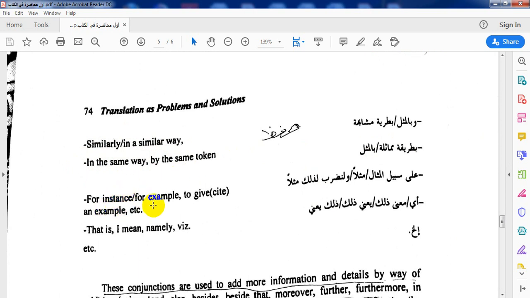For instance, for example, that is, I mean, namely, versus, etc.